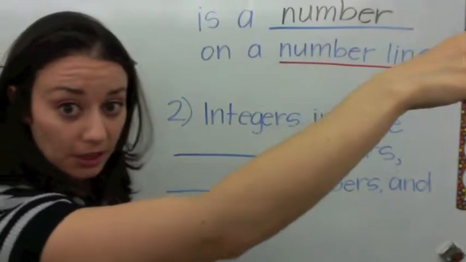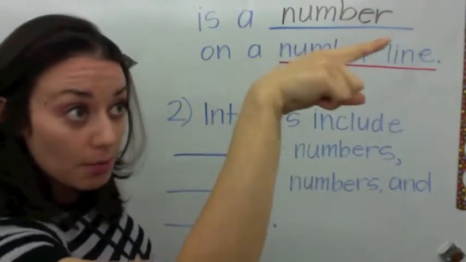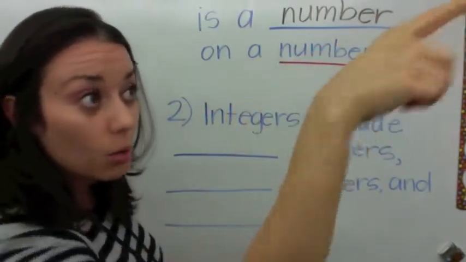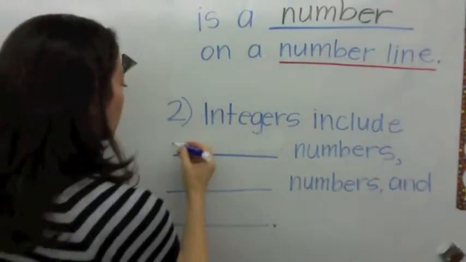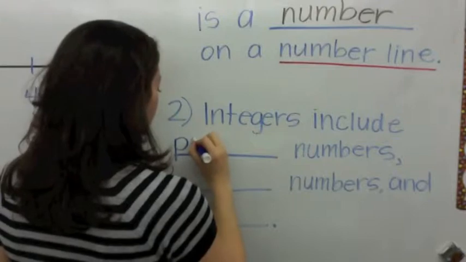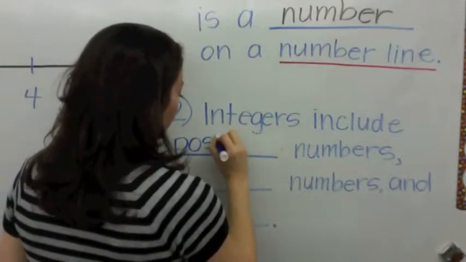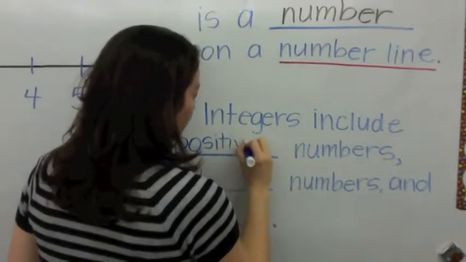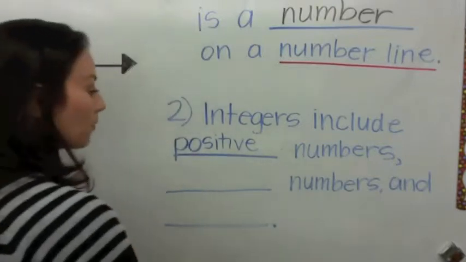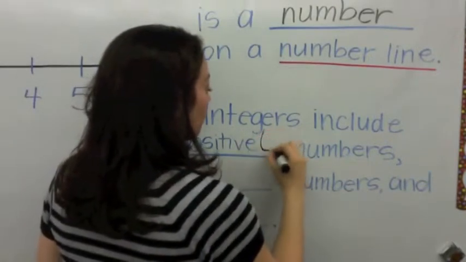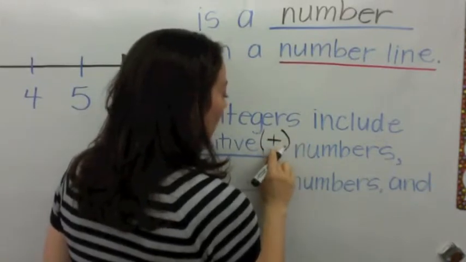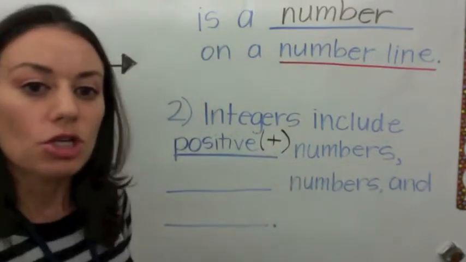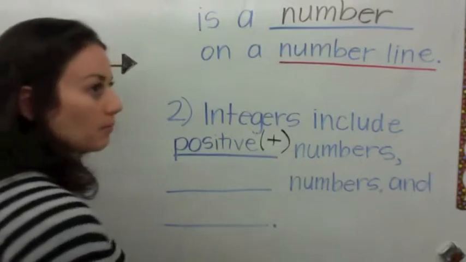There's a number line on the wall, and the positive numbers are all blue. So I'm going to write positive, and in parentheses, I'm going to write the symbol for positive numbers, which is a plus sign, like you're adding.